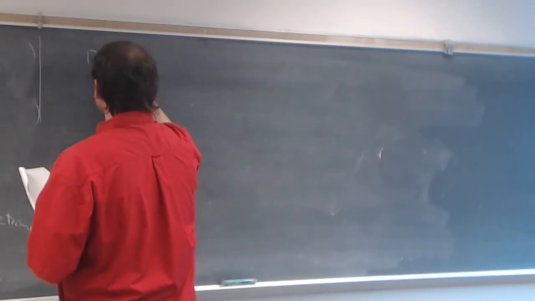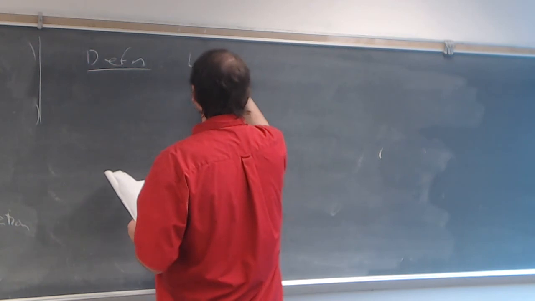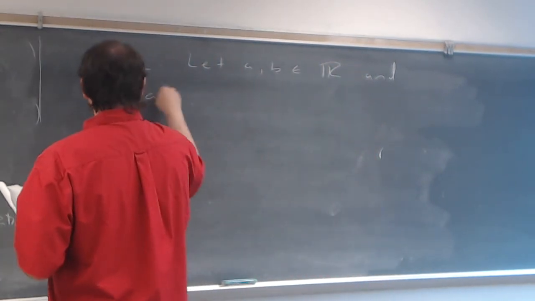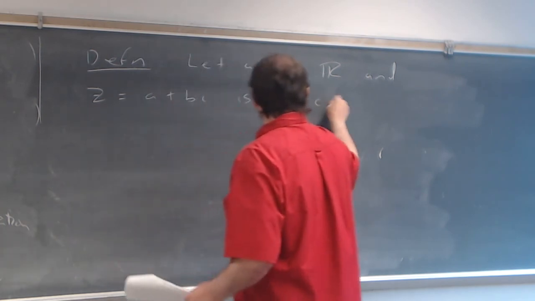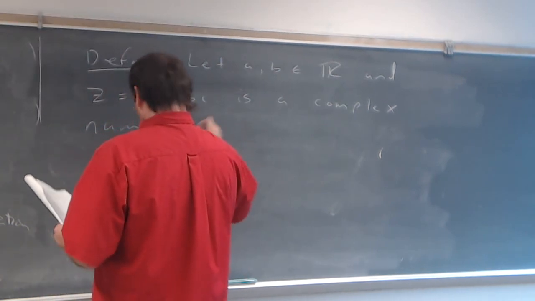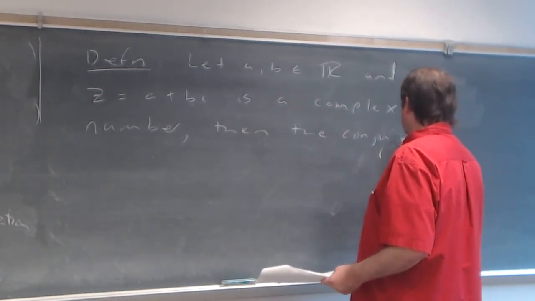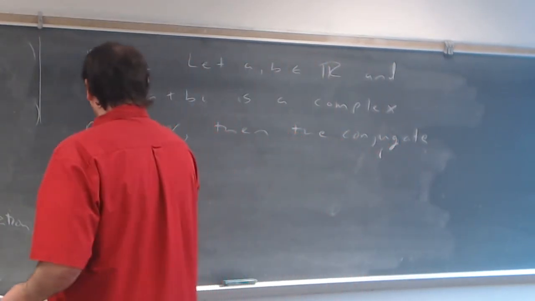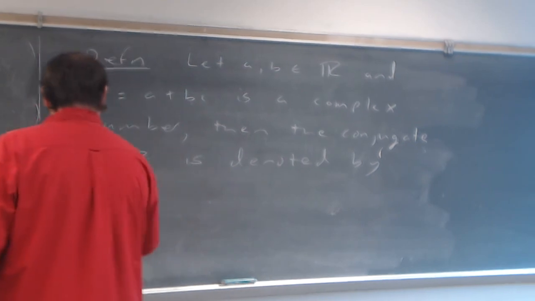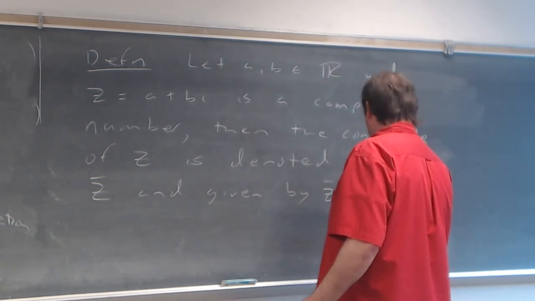As a definition, if we let A and B be real numbers, and Z equal to A plus BI is a complex number, then the conjugate of Z is denoted by Z bar and given by Z bar is equal to A minus BI.